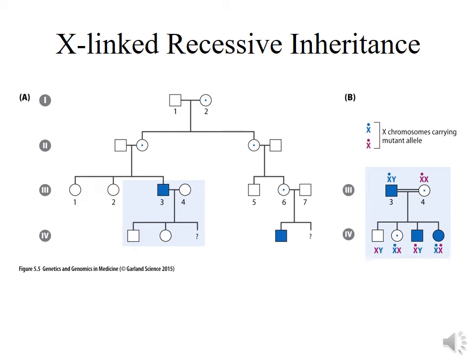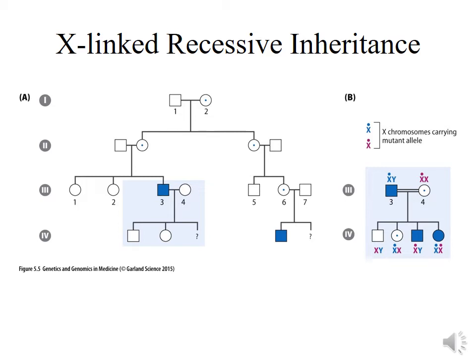Imagine that 3-3 and 3-4 were consanguineous and they had the same mutant allele. We now have a mating between an affected individual and a carrier, and there is a 1 in 2 chance that a child would be affected, irrespective of whether it was a boy or a girl.